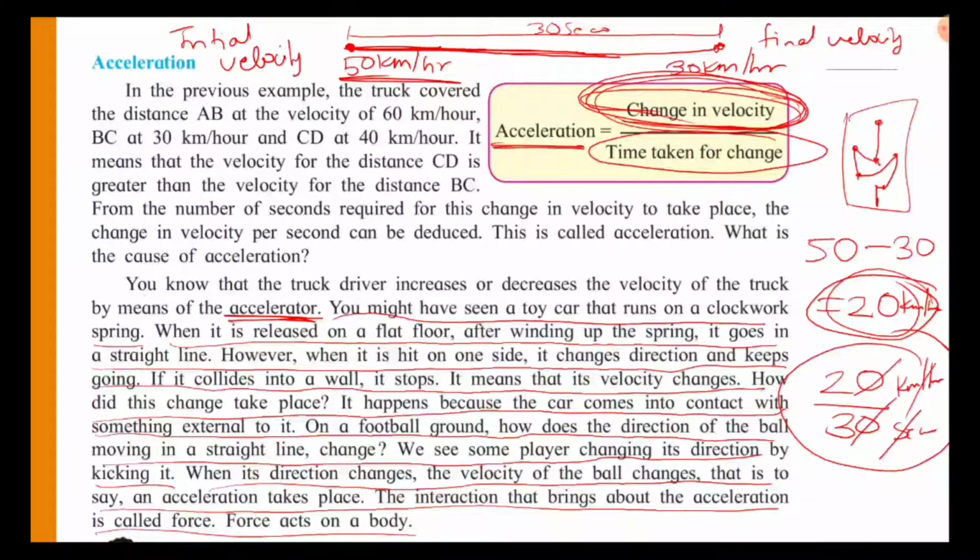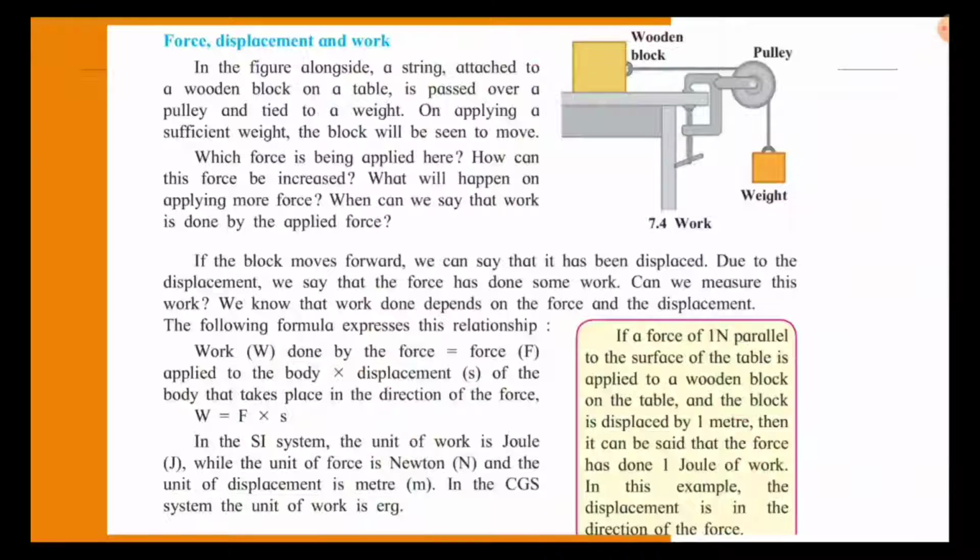The player first stops the ball and then kicks it, passing to another player. Whenever the ball is directed in another direction, the velocity of the ball changes very quickly. That is nothing but acceleration.